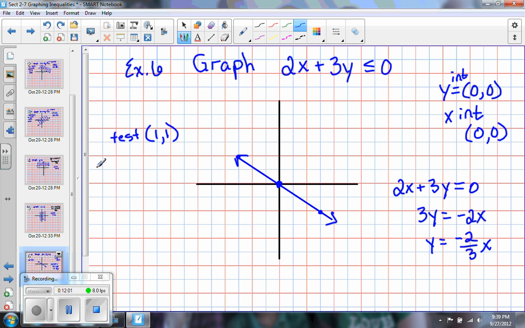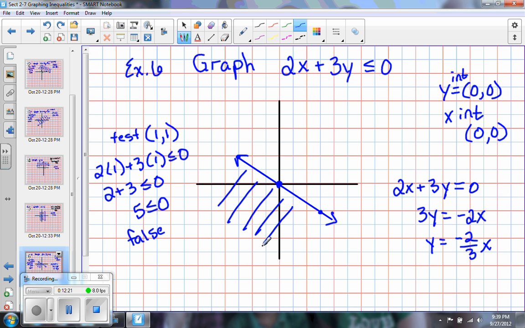So I substitute a 1 in to both places, and I see if this is true. 2 plus 3 is 5. 5 less than 0, that's false. So I want to shade the side that does not include 1, 1. So I'm going to shade this side. So that's all you have to do if it passes through 0, 0.